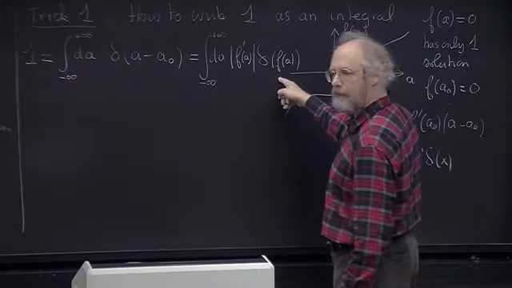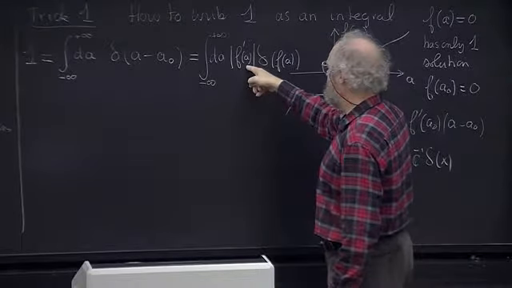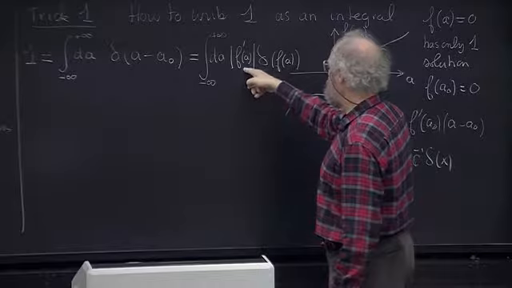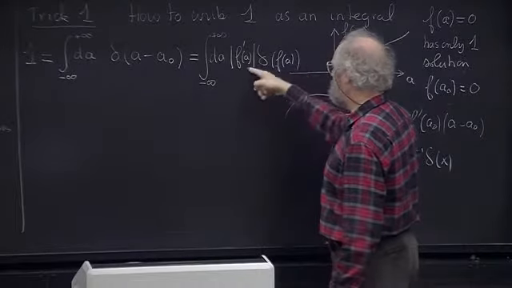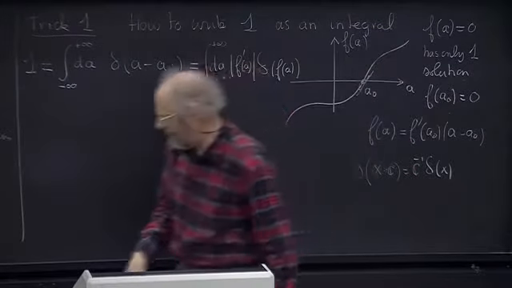And of course, f prime of A appears in the integral only when A equals A0, so it's f prime of A0. Okay, so this is the basic integral we need.